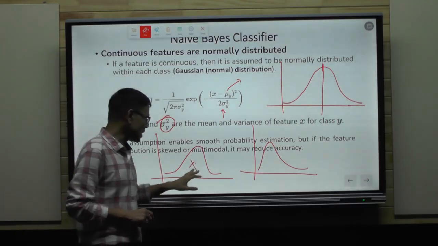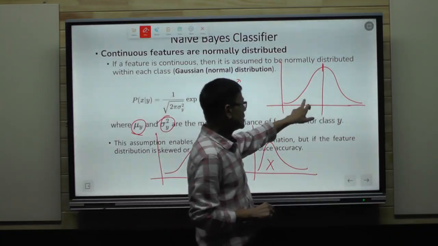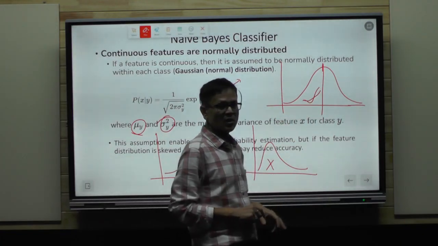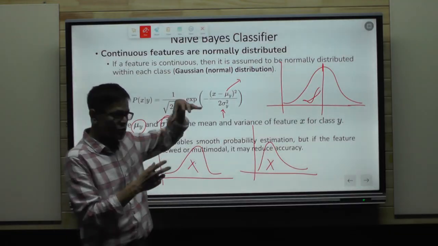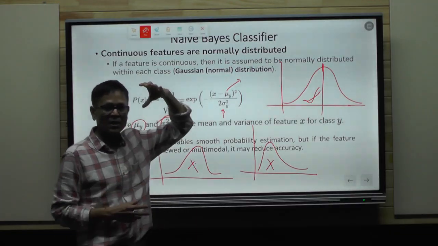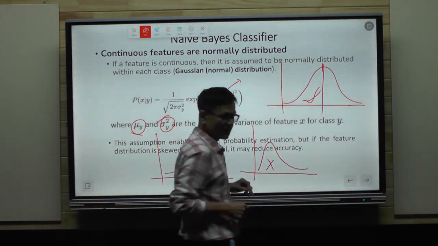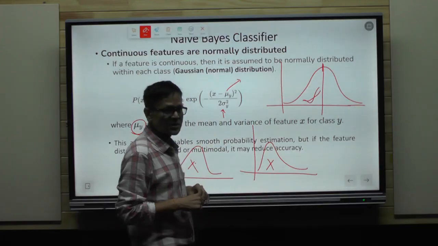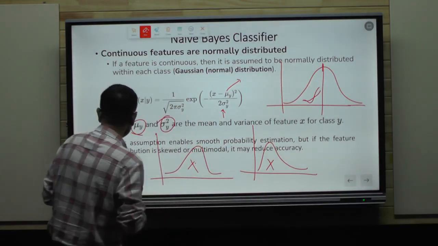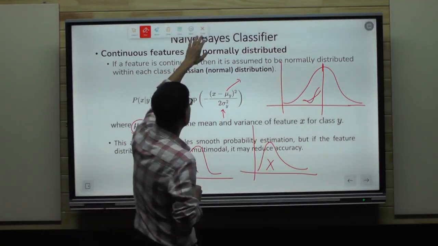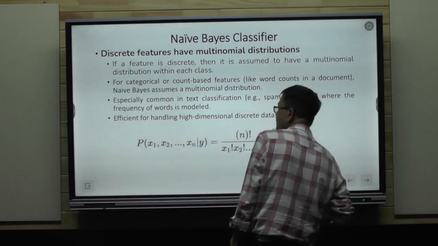This is not what we need. We need this type of distribution of the features, that means all the values of that particular feature try to form this curve. So this is assumption number 1.